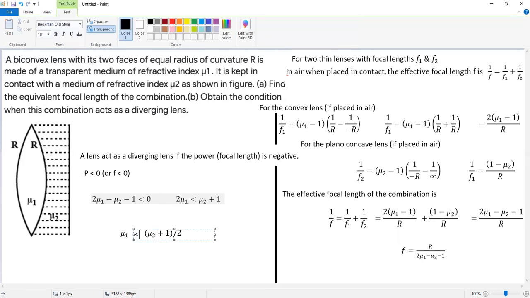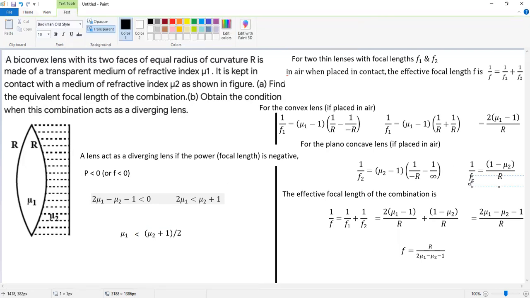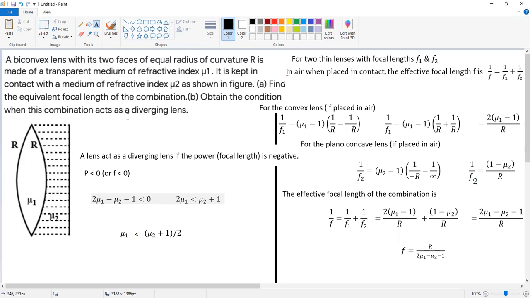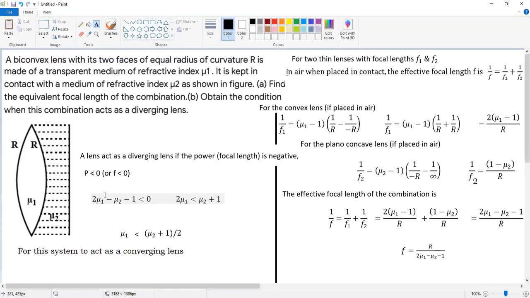Not asked in the question, but for the system to act as a converging lens, the power has to be greater than 0.